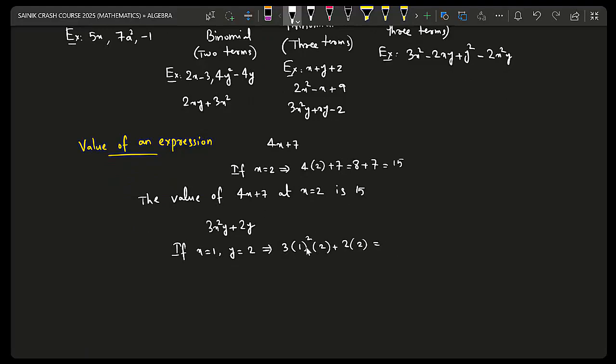So 1 square is 1. So 3 into 2 is 6. 2 2s are 4. So 6 plus 4 is equal to 10. So we can write, the value of 3x square y plus 2y at x is equal to 1 and y is equal to 2 is 10. So this is how we find the value of an expression.